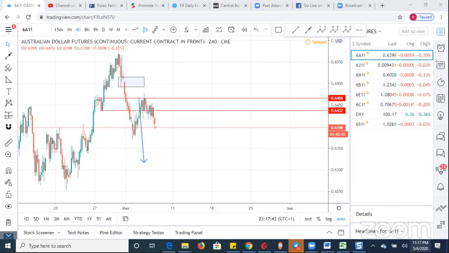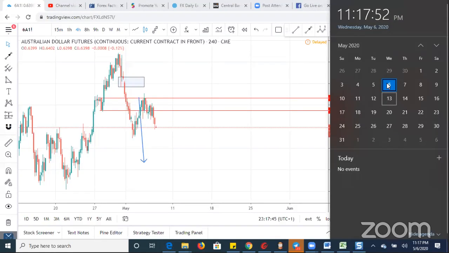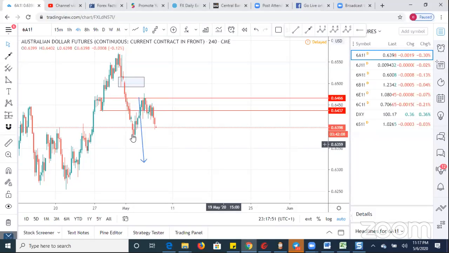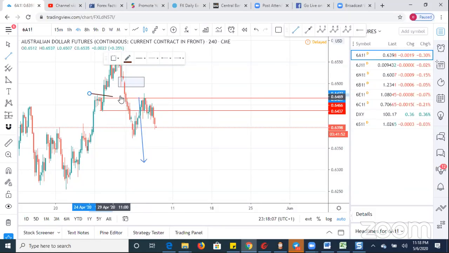Sorry. This week actually started on the 4th, right? So on Saturday the 2nd, price was basically somewhere here. I anticipated that AUD was going to pull back into this mitigation block. And when it pulls back into the mitigation block, there's some liquidity here, right?